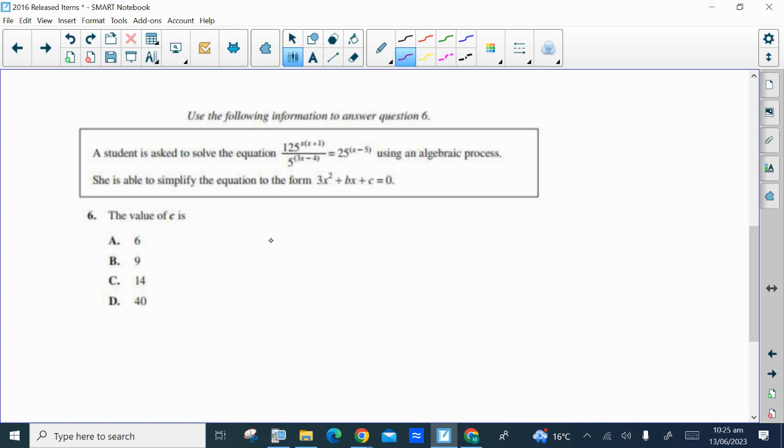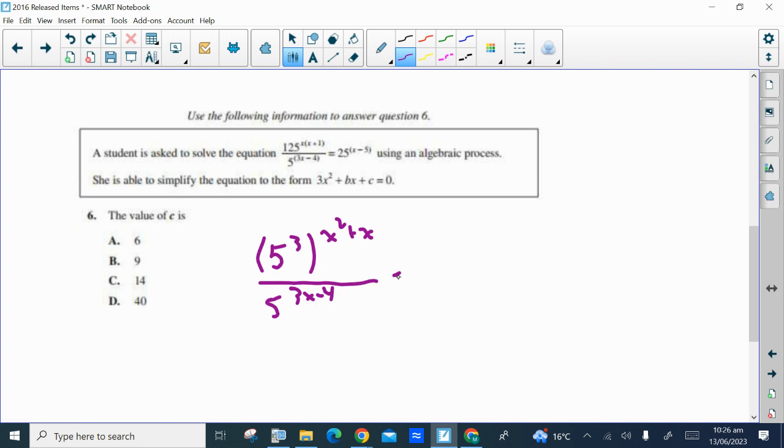same. So the top, which is a base of 125, can be written as 5 cubed to the power x squared plus x. So I just multiplied out the x bracket x plus 1. And on the bottom, I've already got a base of 5, so that one's good.